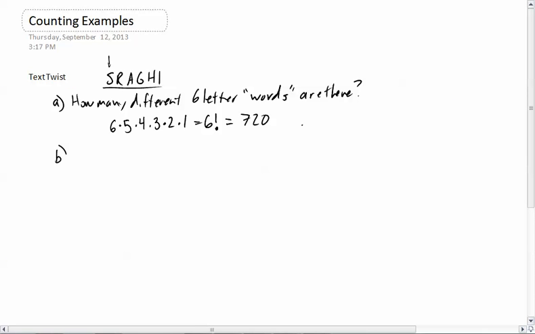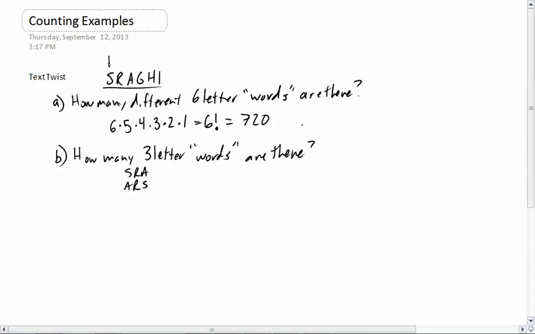So let's now ask another question. It also asked me 3-letter words. So let's ask how many 3-letter words are there? Okay. And so it's going to tell me, well, SRA is a word, and then it's going to say ARS is a word.